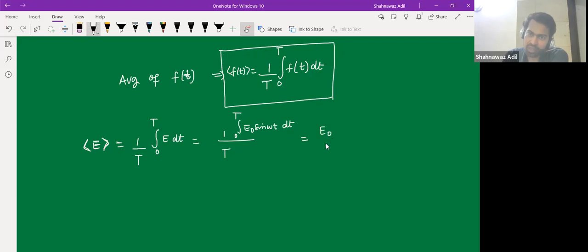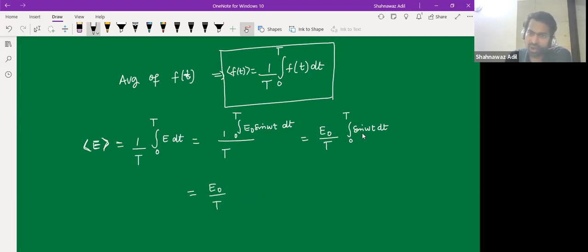And then this is E naught by T and the integration of sine omega t dt, from 0 to T, right? So we have this E naught, right?